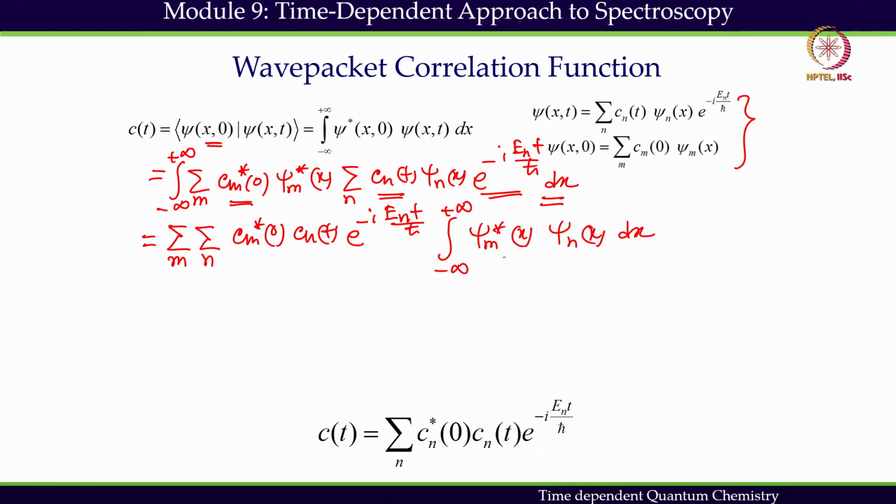And we can recognize what psi m and psi n are. They are the stationary states of the Hamiltonian H. So, if the system is represented by a Hamiltonian, and we are still considering a time independent Hamiltonian, with no explicit time dependence, that is the way we should put it together.